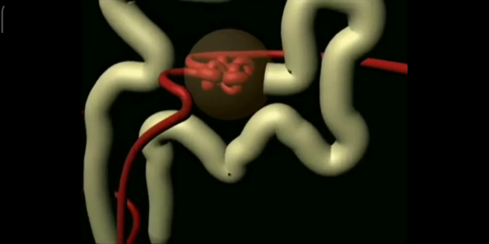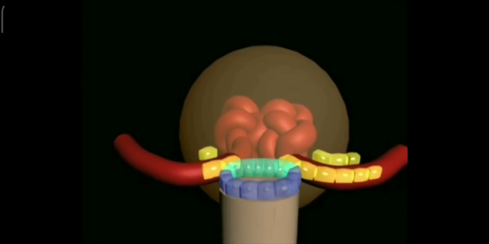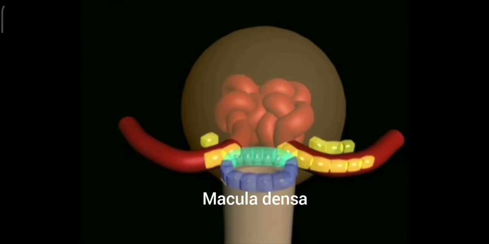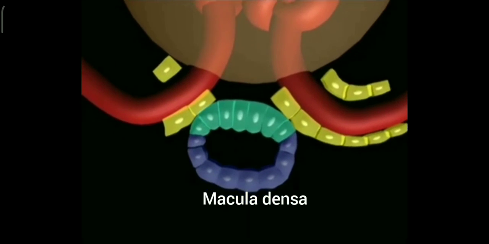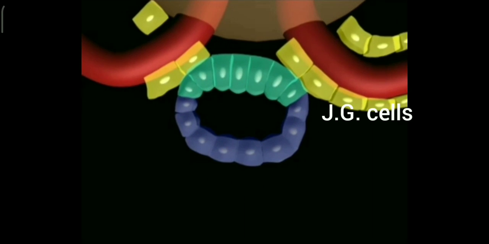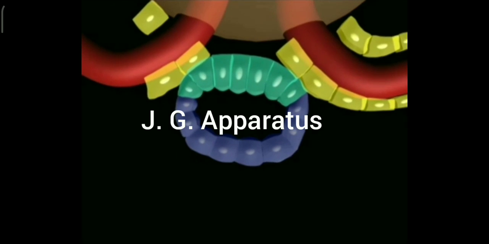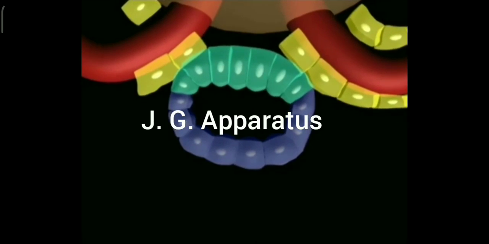Cells in the wall of the DCT in this region are packed more densely than those in other regions of the DCT. This is called macula densa. The macula densa and the J-G cells together form the J-G apparatus, that is, the juxtaglomerular apparatus.